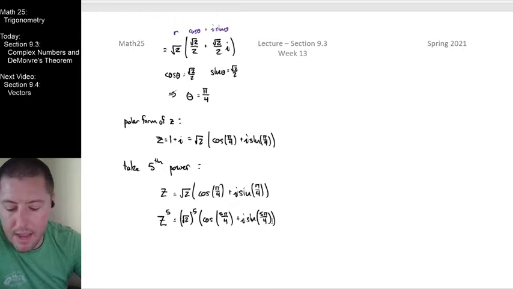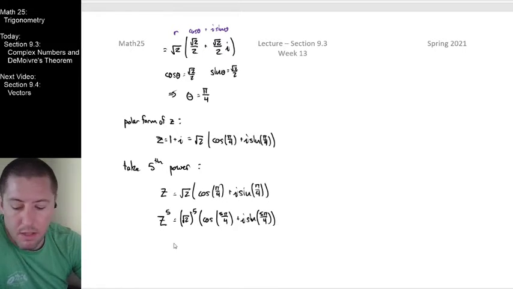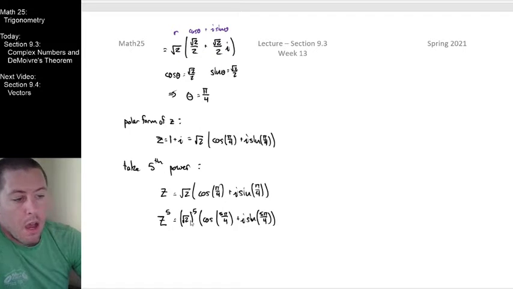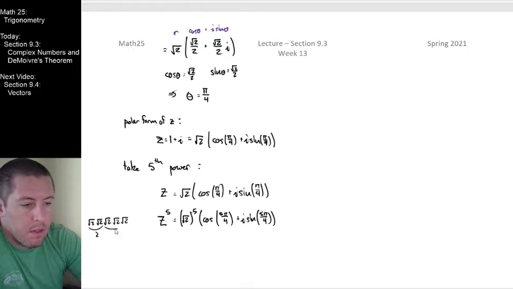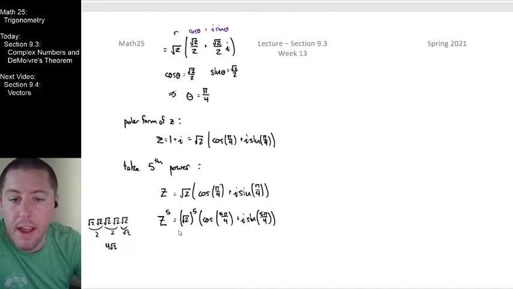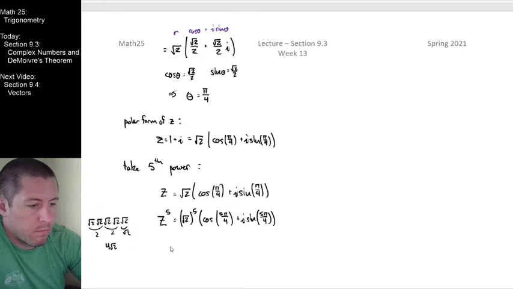Now we can simplify this number down to something a little bit easier. What's up with root 2 to the fifth power? If we multiply together 5 root 2's, those two make a 2, those two make a 2, and that's just a root 2. So this is 4 root 2, my better way to write root 2 to the fifth.